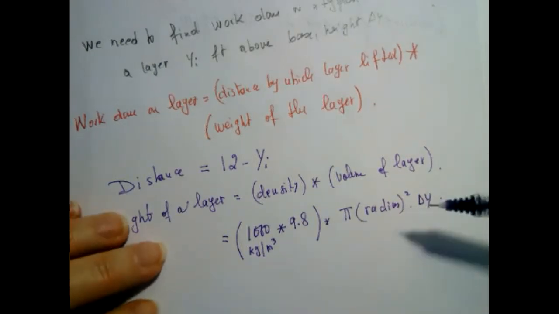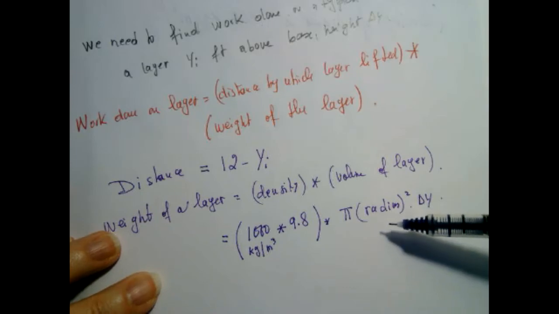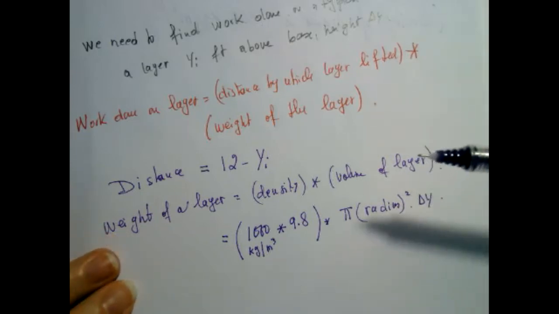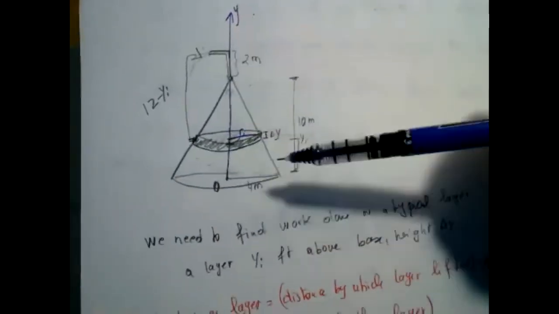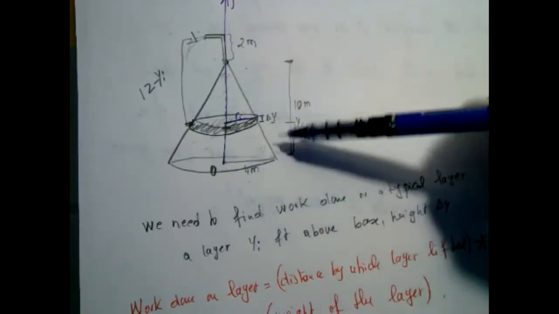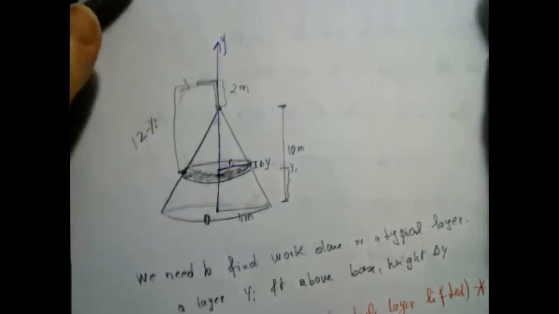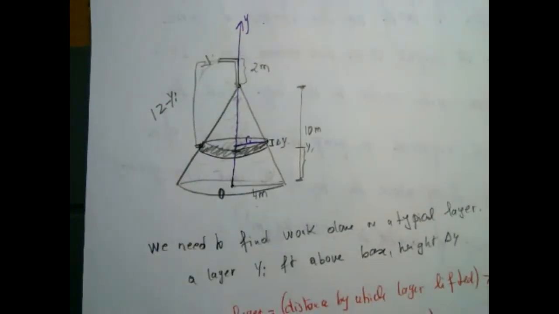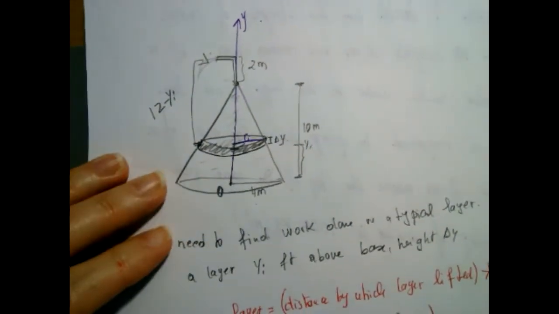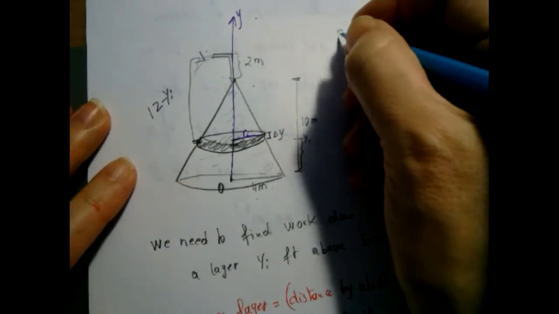So now my question is, I need to find a formula for the radius. And y is my only variable here. So I need to express the radius in terms of y, because we have to find everything in terms of my variable y. So how can I find the radius?